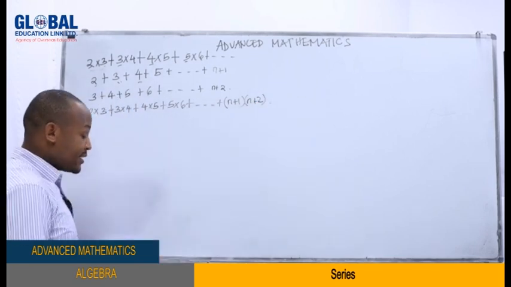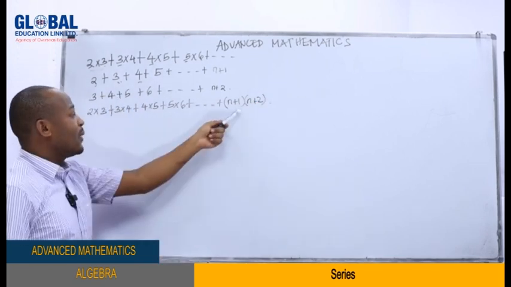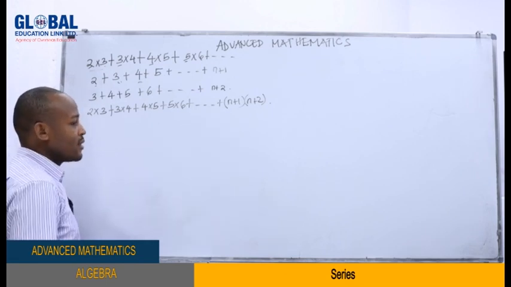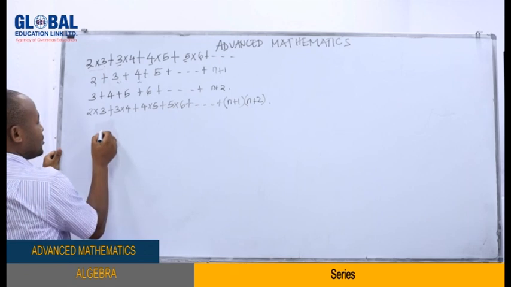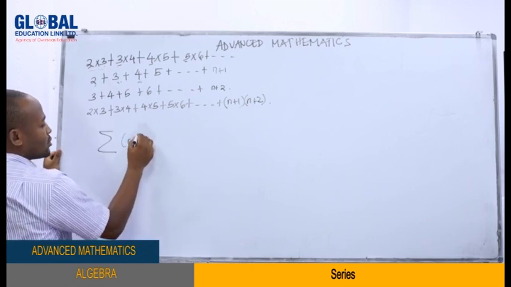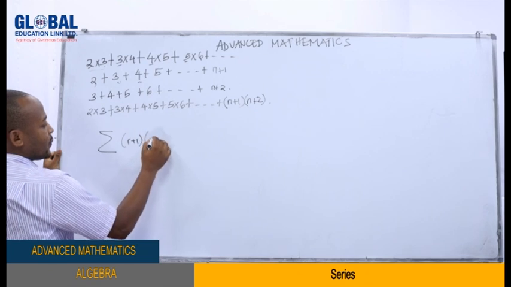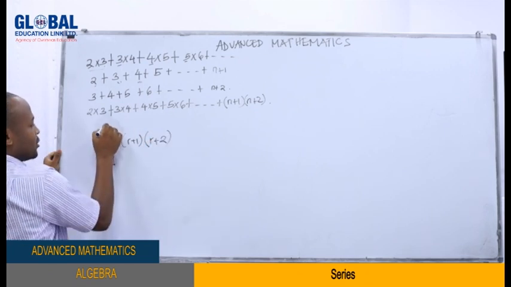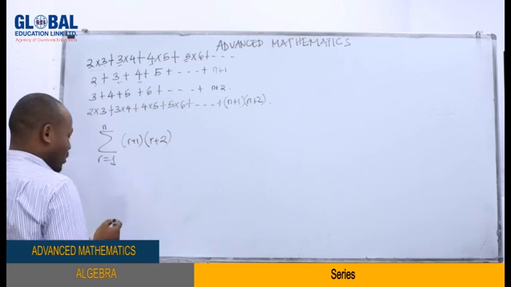So that is the nth term. Now, from that part, we are supposed to find the sum to that. That means we are supposed to find the summation of r plus 1, as we discussed earlier, r plus 2, from r is equal to 1 to n.